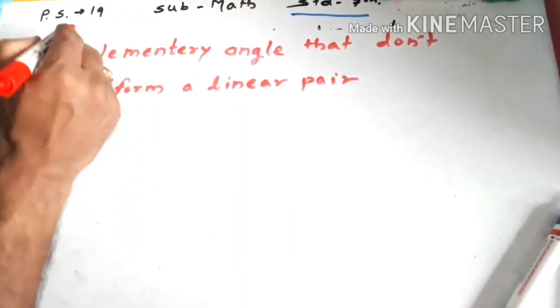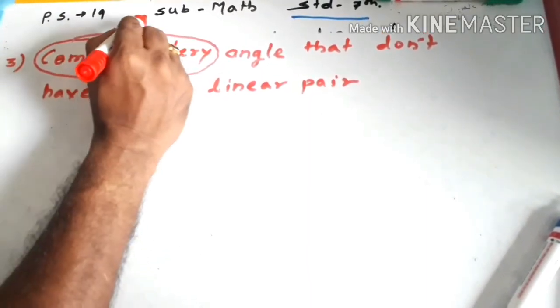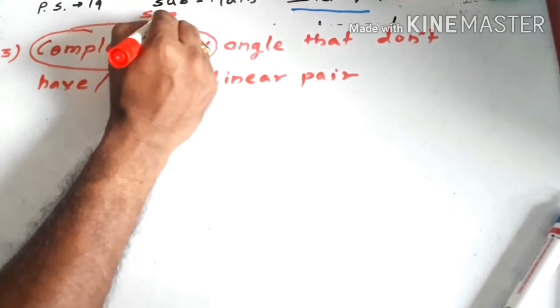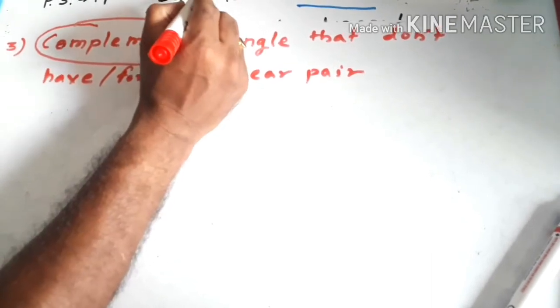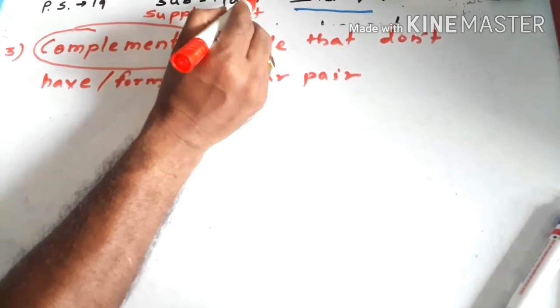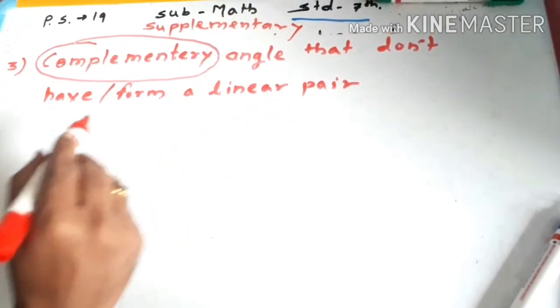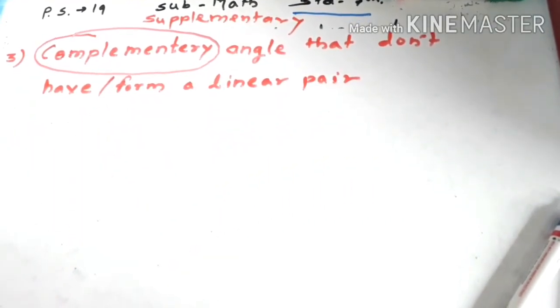Sorry, here the word is given wrong, so the word is replaced by supplementary. Supplementary angles that don't have a linear pair.